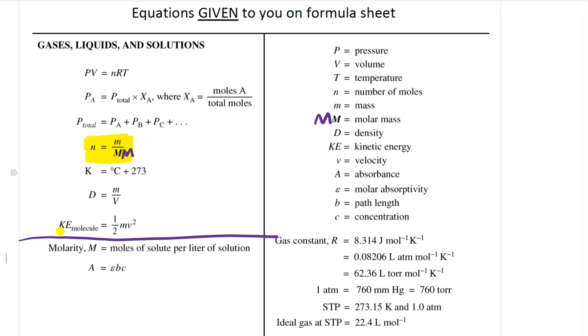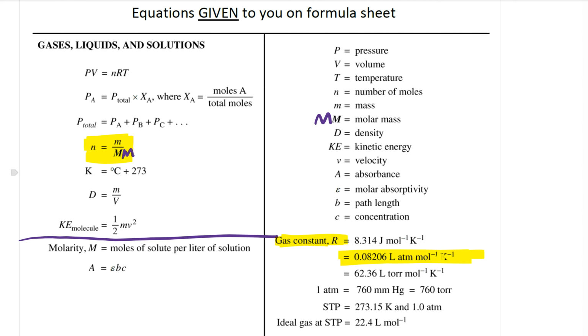Okay, so where I drew this purple line, that is where your gas section stops. Notice over here on the right-hand side, your gas constant R is given to you in different units. The one that you are most familiar with is 0.08206. The unit is liters times atmospheres divided by moles times Kelvin.